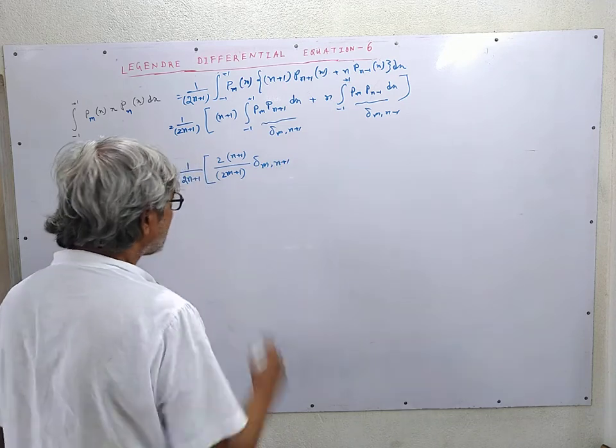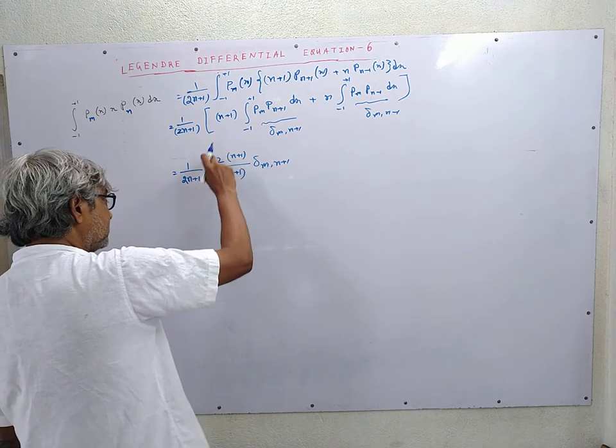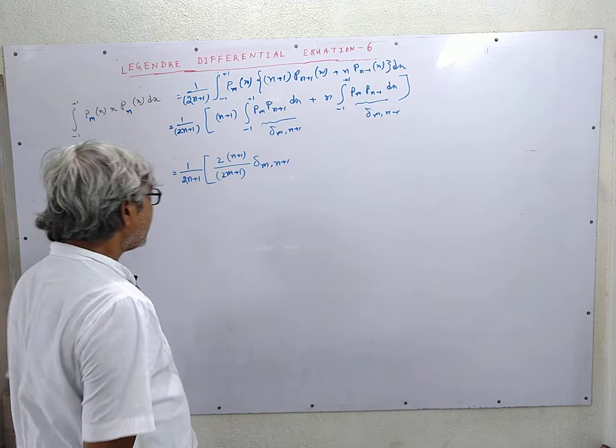We have used the orthogonality property. The normalizing factor is 2 upon 2m plus 1.